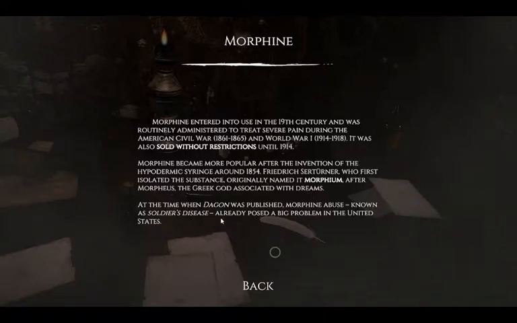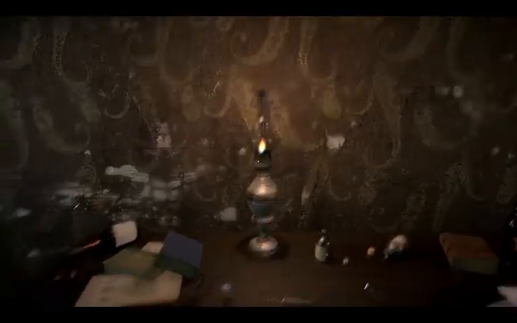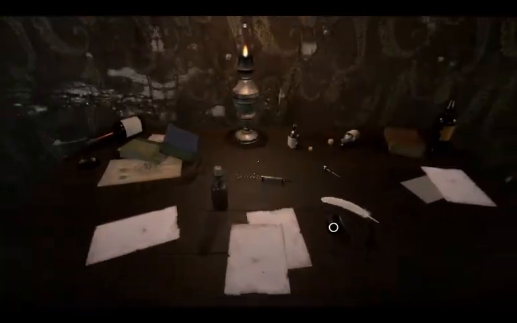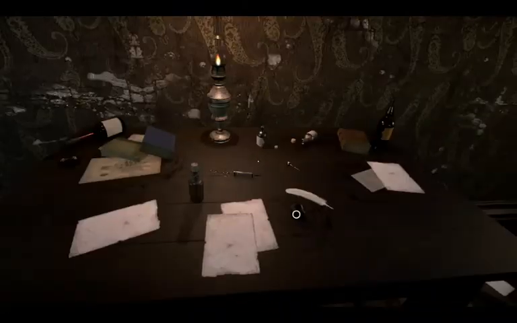At the time when Dagon was published, morphine abuse, known as soldier's disease, already posed a big problem in the United States. And it continues to do so. Fortunately, we found that addiction can be helped.